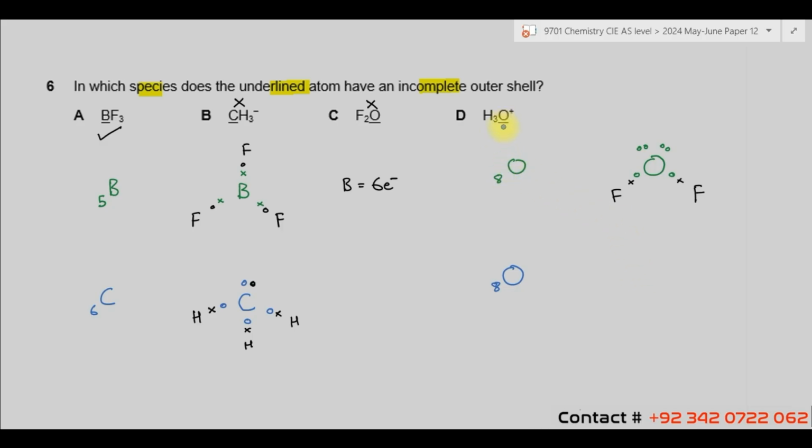We have 6 electrons in outermost shell. Two electrons are bonded to two hydrogen atoms via single bond. We have H plus also present. So one lone pair, it is making a coordinate covalent bond with electron deficient H positive. Okay, so let's see 2, 4, 6, 8. 8 electrons are complete. So correct answer is A.